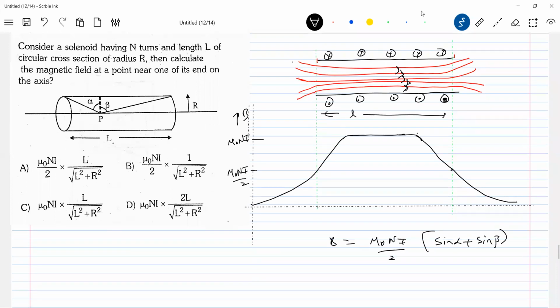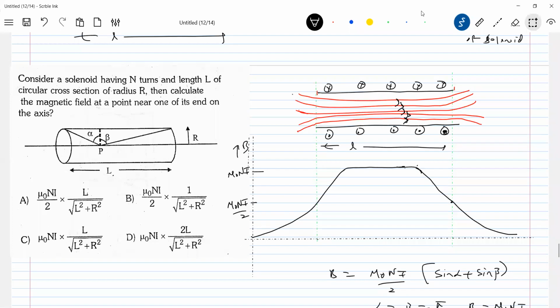For a long solenoid, alpha, beta will be pi by 2. So therefore the field will become mu naught n i, somewhere nearby the center, in this region, not throughout the solenoid. I'm making things clear. And at the ends, it is mu naught n i by 2.